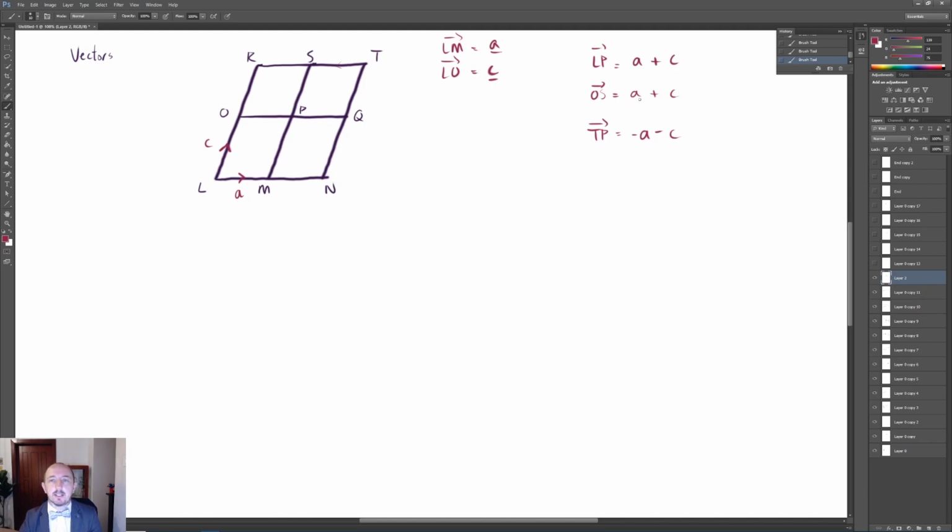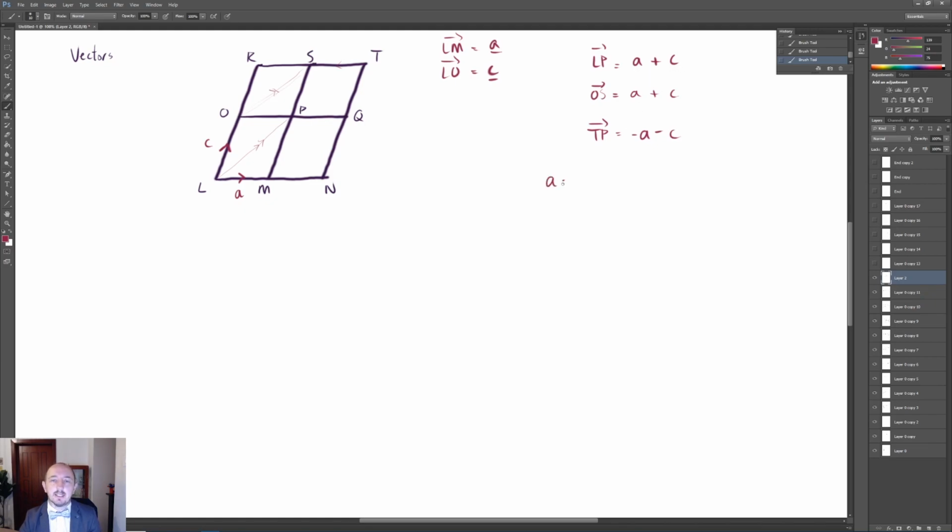When I look at A plus C and A plus C, so O to S and L to P, you'll probably notice that these two lines are parallel to each other. They're parallel to each other because they have the same ratio of A's and C's.